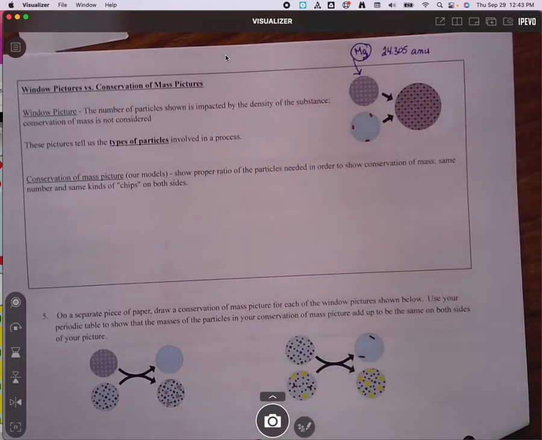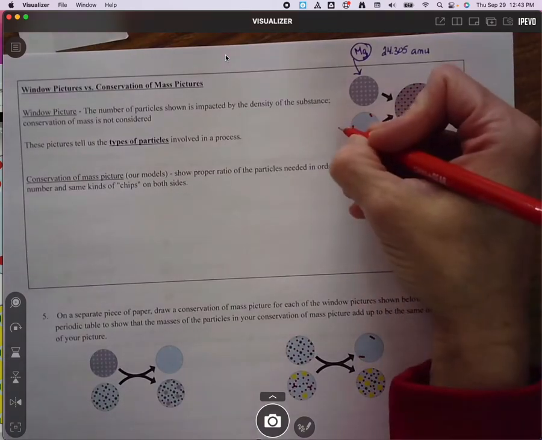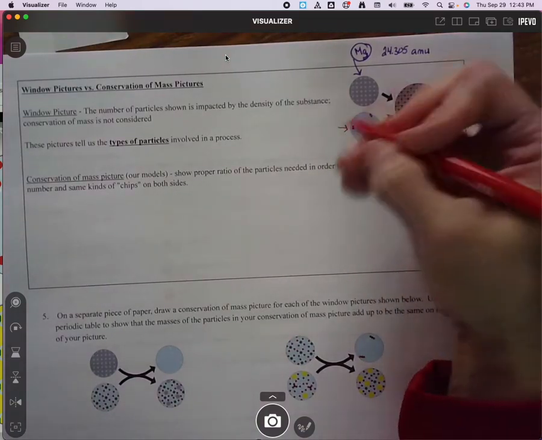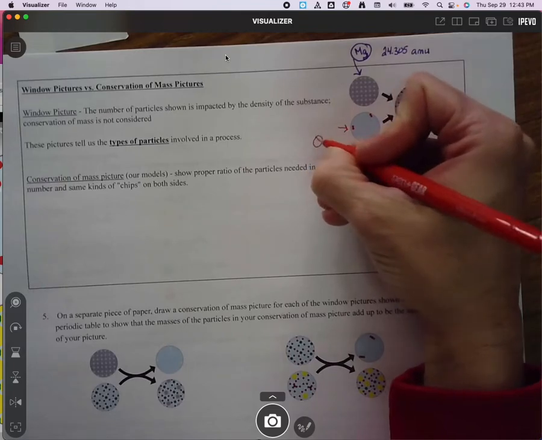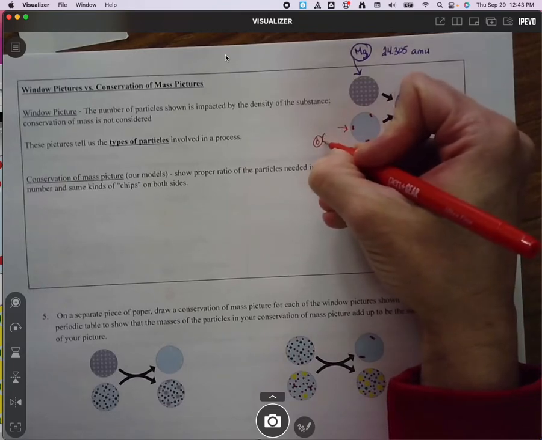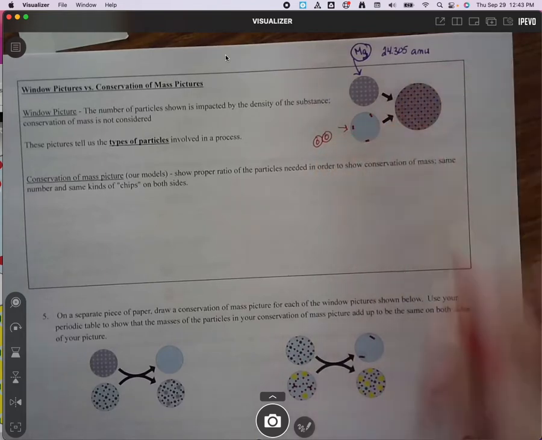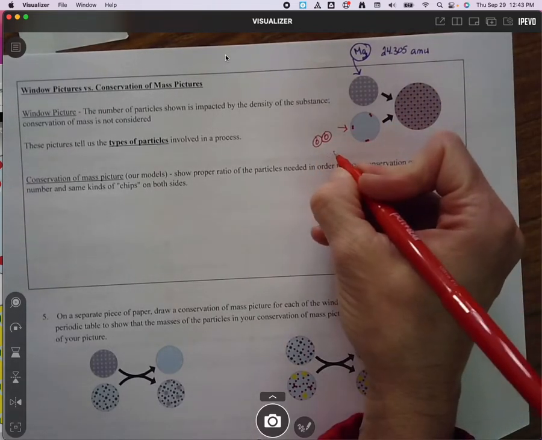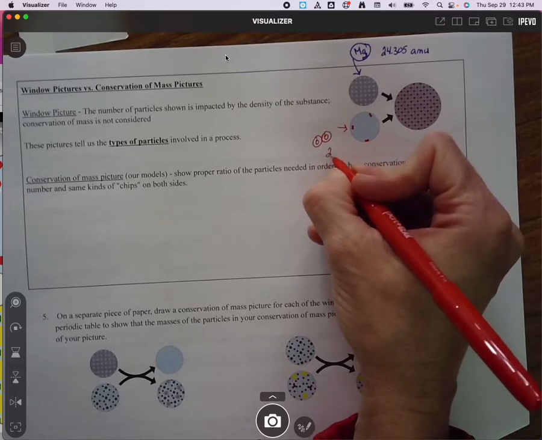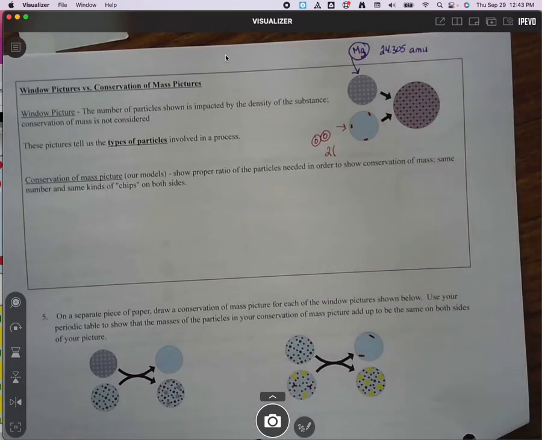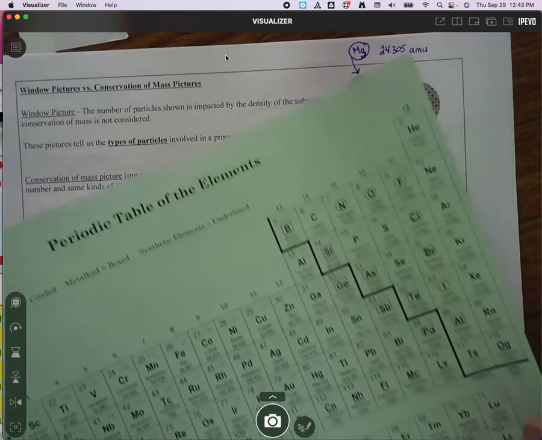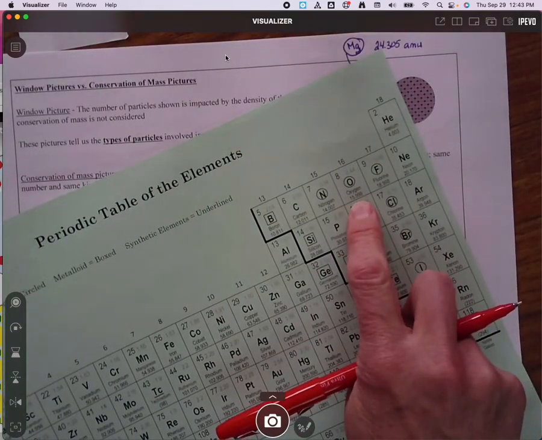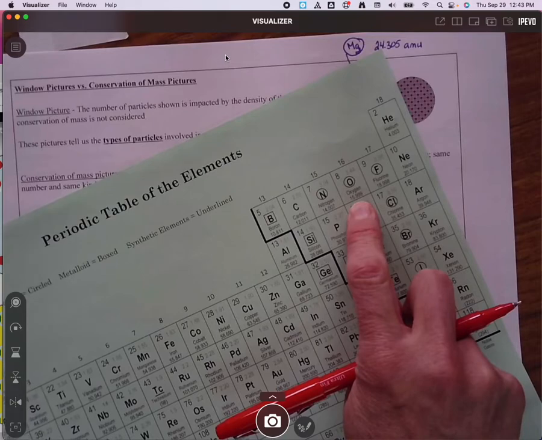The other window shows us that we have red particles, and according to the key, these are oxygens, except they come as pairs. And so the mass of these is going to be twice the mass of an oxygen chip. Oxygen is element number 8. It has a mass of 15.999.